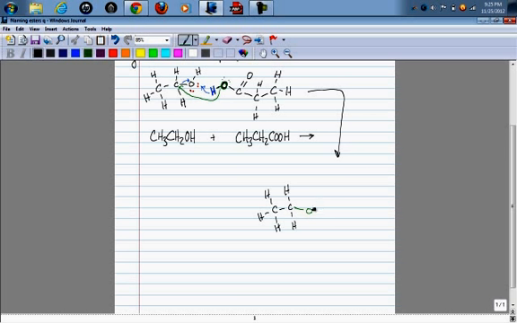That oxygen is still bonded to a carbon that's double bonded to another oxygen. That CO group is known as a carbonyl group by itself. And then CH2, CH3.